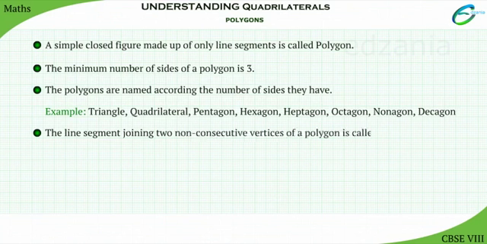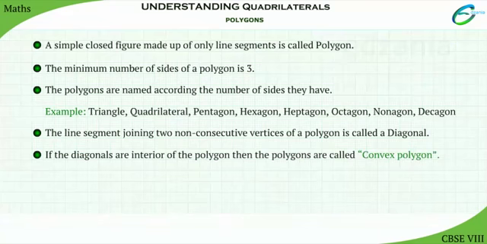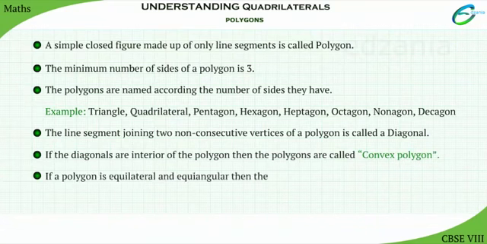This line segment is called a diagonal. If the diagonals are in the interior of the polygon, then the polygons are called convex polygons. If a polygon is equilateral and equiangular, then the polygon is called a regular polygon.